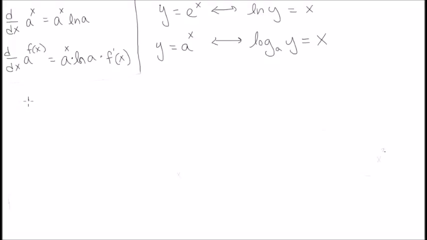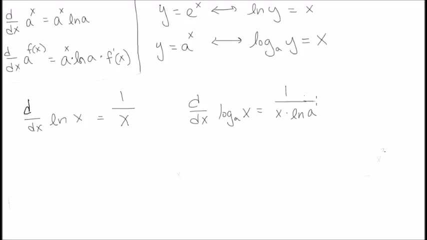The derivative with respect to x of the natural log of x is equal to 1 over x. If you have a, sorry, not the natural log, so a base other than e, the derivative of a log base a of x is equal to 1 over x times the natural log of a. Now, we won't go through the process of deriving these.